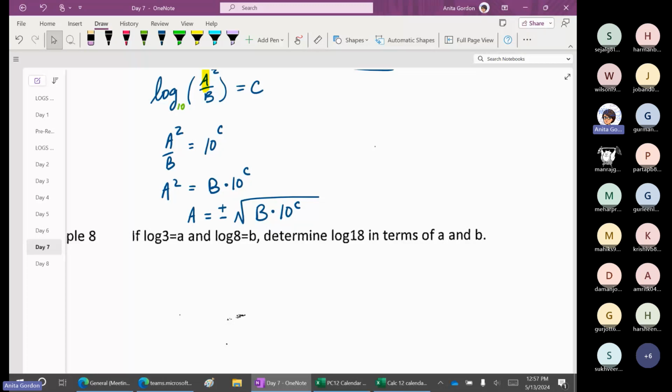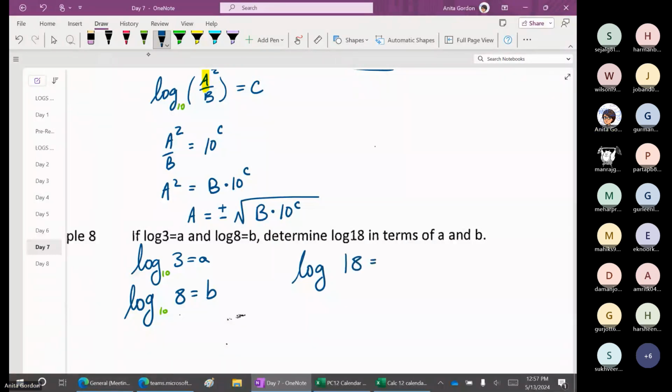What's the base of all of these? This is a base 10. Let's see if I write it like that, if that's helpful. If I write this as a 10, and I have log of 8 is B, which is a base 10, how could I write log of 18 using these two numbers?